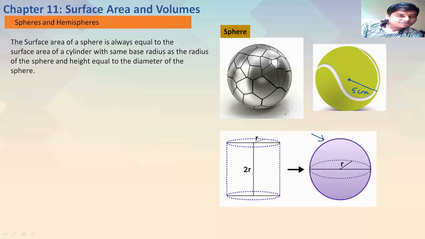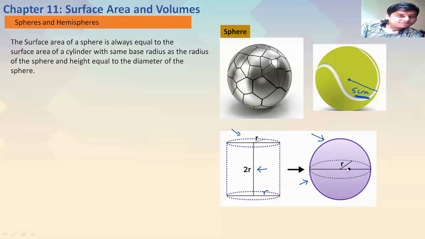Now, find a cylinder whose base radius is same as the radius of sphere, that is r, or 5 centimeter, whatever scenario you have. Whatever example, whatever context you have. And the height of the cylinder should be equal to the diameter of the sphere. Diameter of the sphere. Are you getting me?